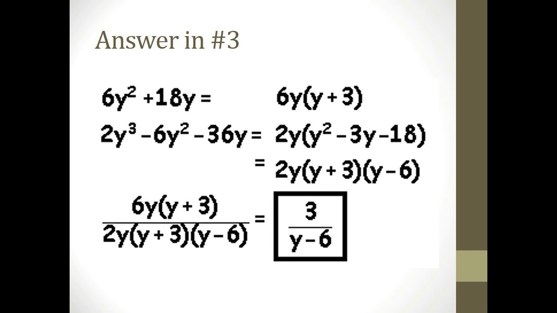This will result in 6y multiplied by quantity y plus 3 all over 2y multiplied by quantity y plus 3 multiplied by y minus 6. This will result in 3 all over y minus 6 since you will have to cancel out y plus 3 on both the numerator and the denominator, and 2y from 6y in the numerator.